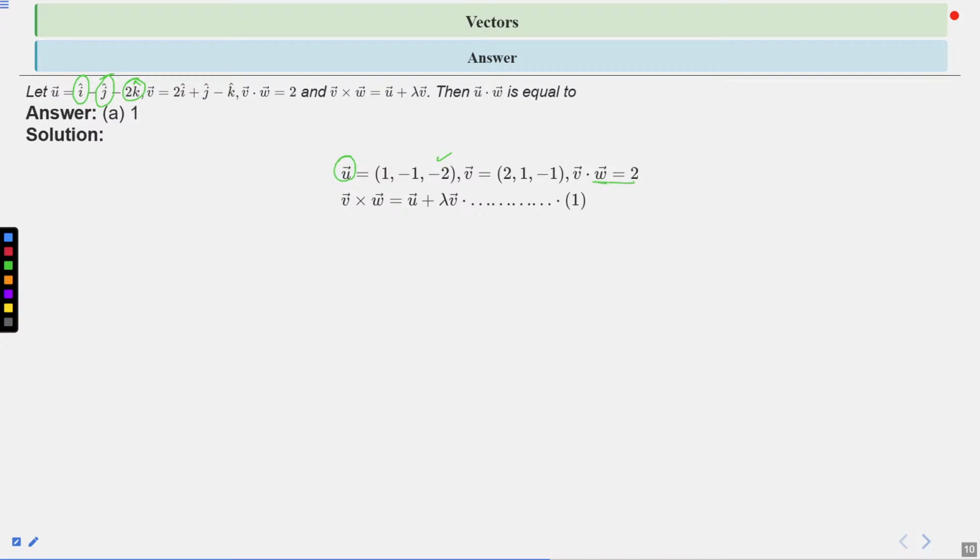So taking the cross product, that is also given: v cross w is equal to u plus lambda v. Let this be equation first.